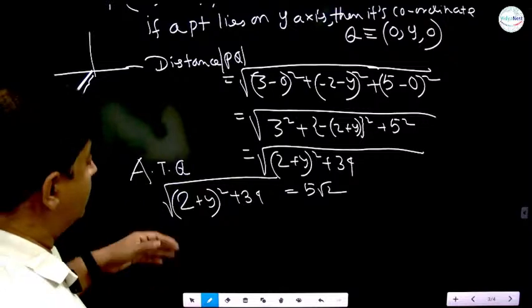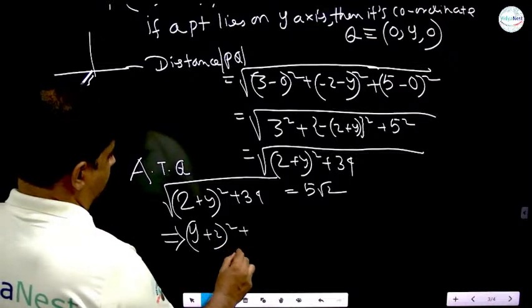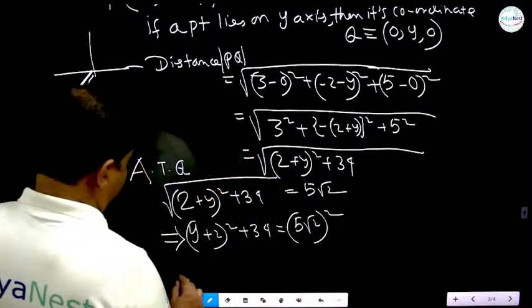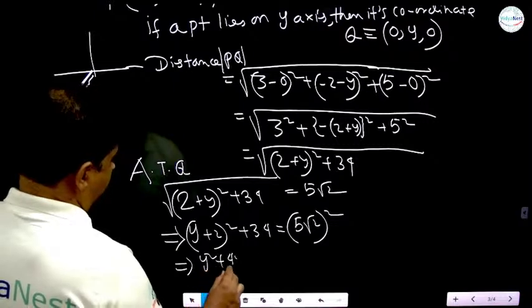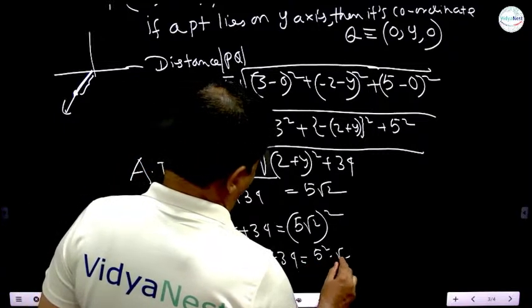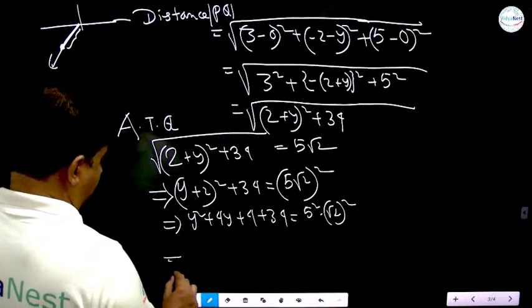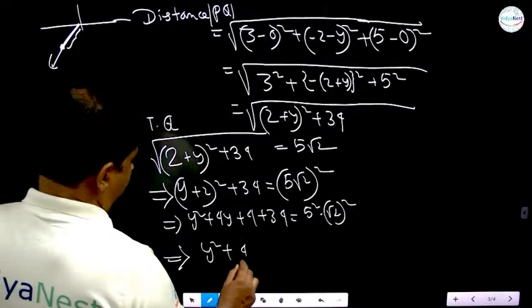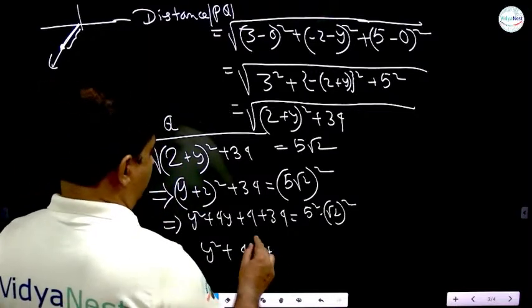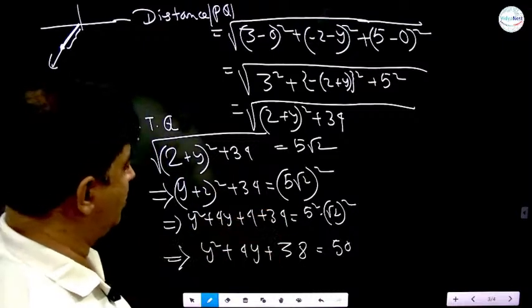So square both sides. The square of 5 root 2 is 50.